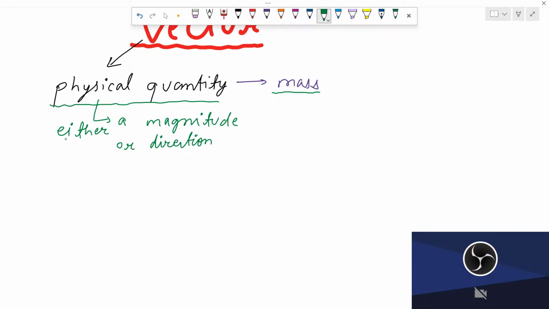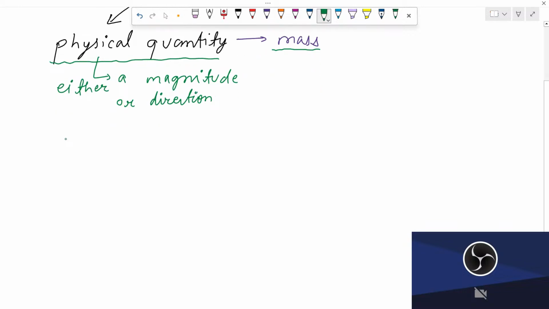If any physical quantity has only magnitude, then those physical quantities are known as what? Those physical quantities are known as scalar quantity. Any idea? See here.